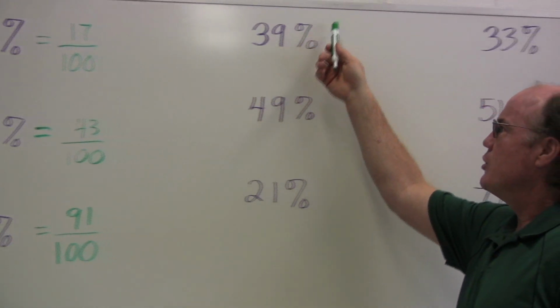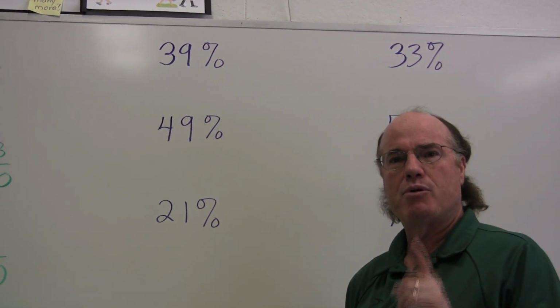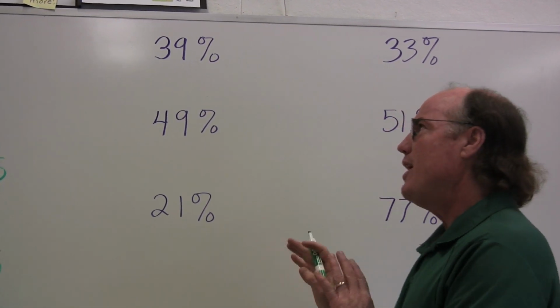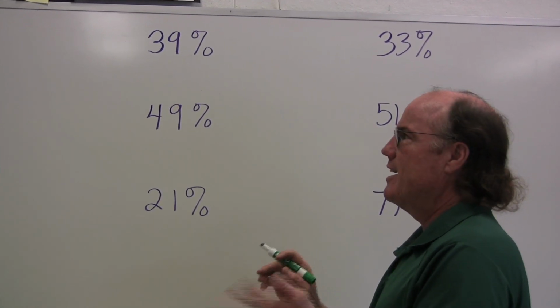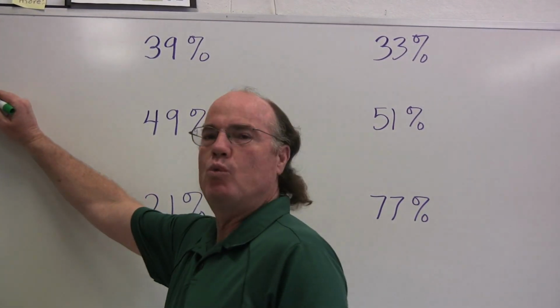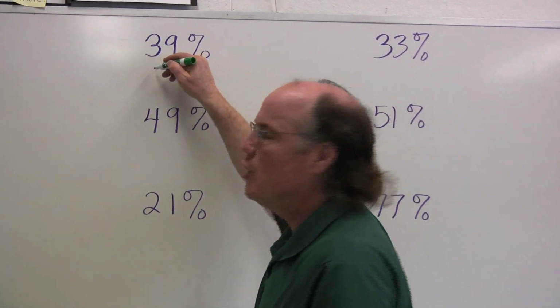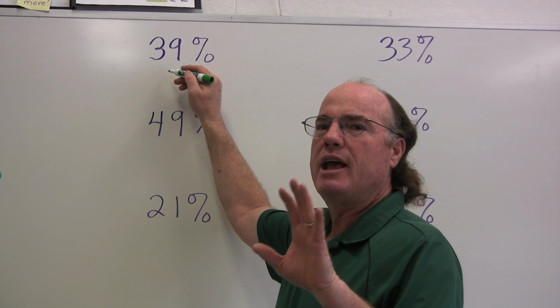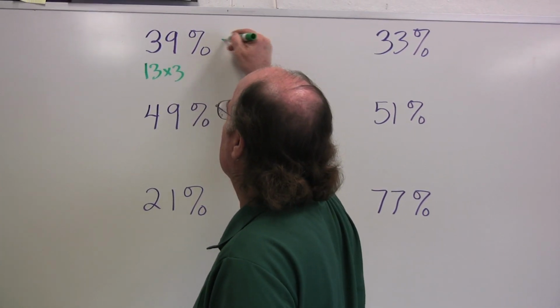Now if we go over to this central group of numbers, they are not prime. But what they are is numbers that cannot be divided into 100. Now let's take 39. The only numbers besides 1 and 39 are 13 times 3.